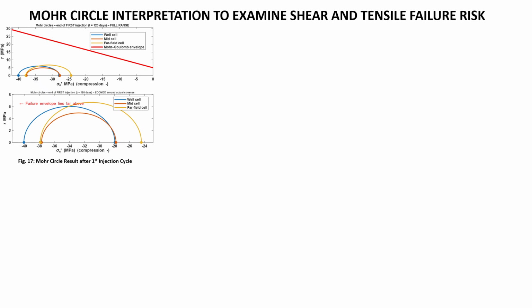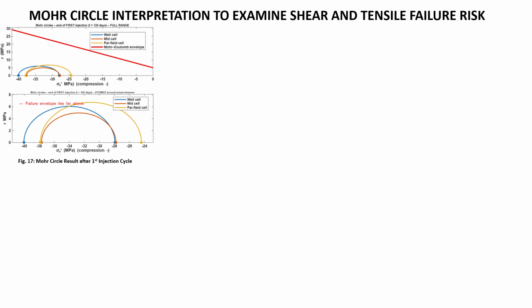However, the principal stresses which I'm presenting on this slide and the Mohr circles themselves are correct. Only the envelope is misdrawn. Even when plotted correctly, the envelope would still lie far above the circles. None of the conclusions on the mechanical stability here would change.